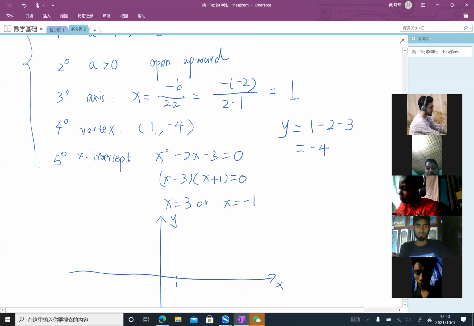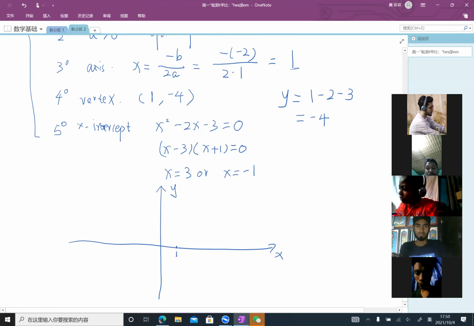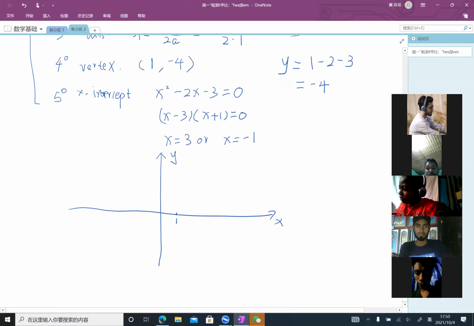The vertex is (1, -4). So this is 1, this is negative 1, this is negative 2, this is negative 3, and this is negative 4. The vertex for the parabola is this point, and this line is the axis.